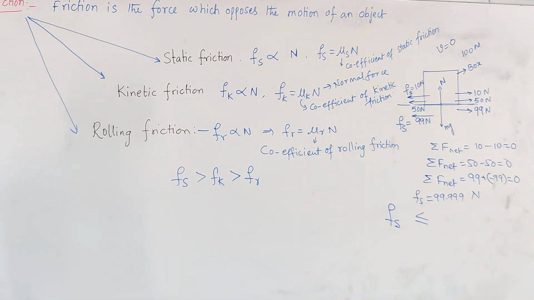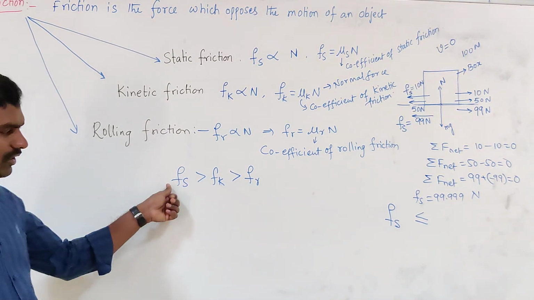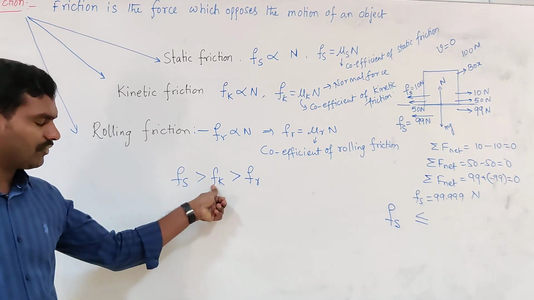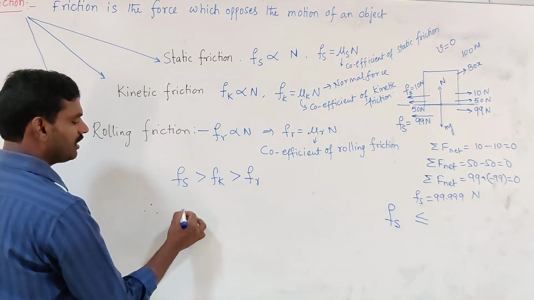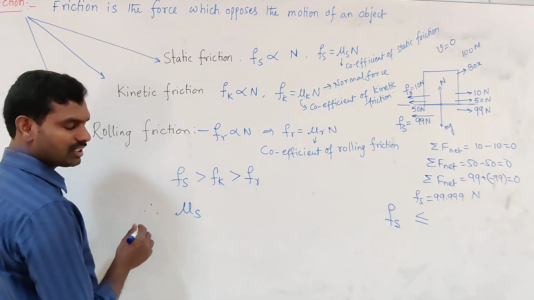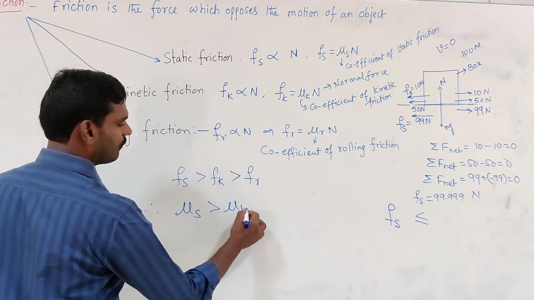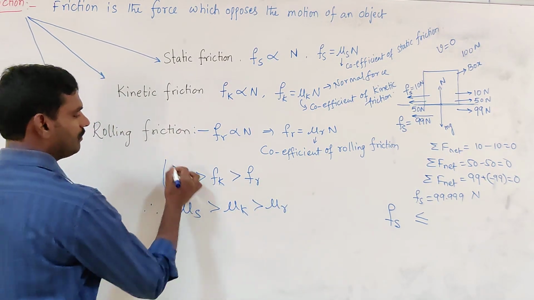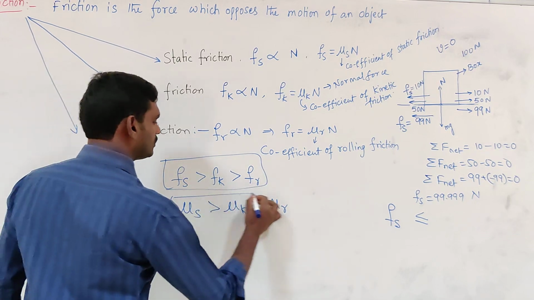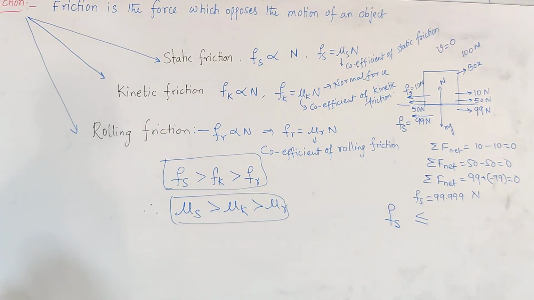Which frictional force is greater among all? Static friction is greater than kinetic friction, and kinetic friction is greater than rolling friction. Accordingly, the coefficient of static friction is greater than the coefficient of kinetic friction, and the coefficient of kinetic friction is greater than the coefficient of rolling friction. So these are the conditions.